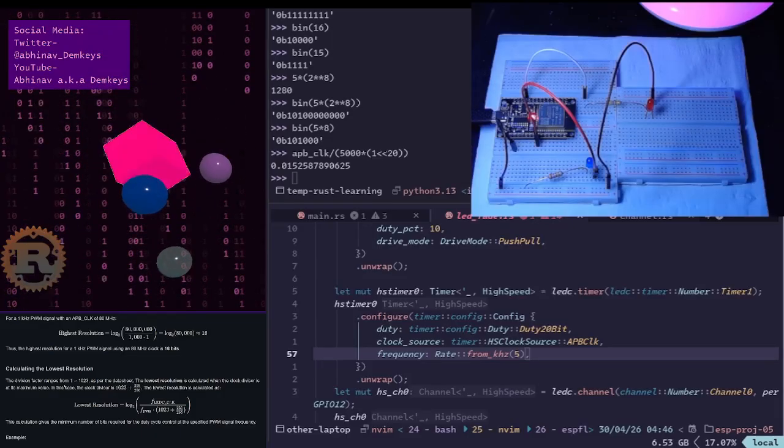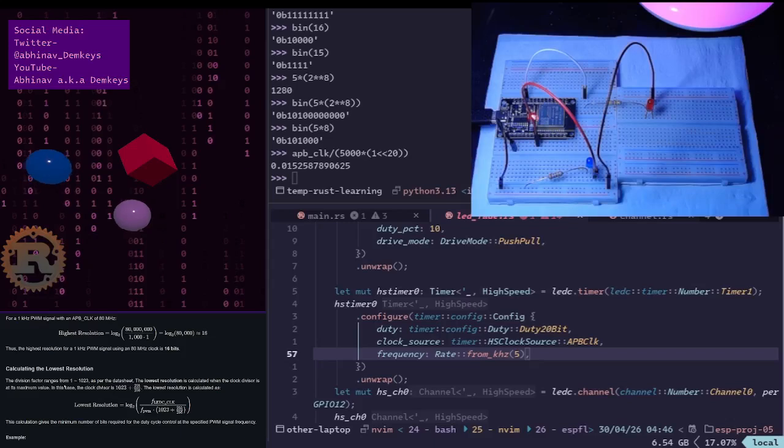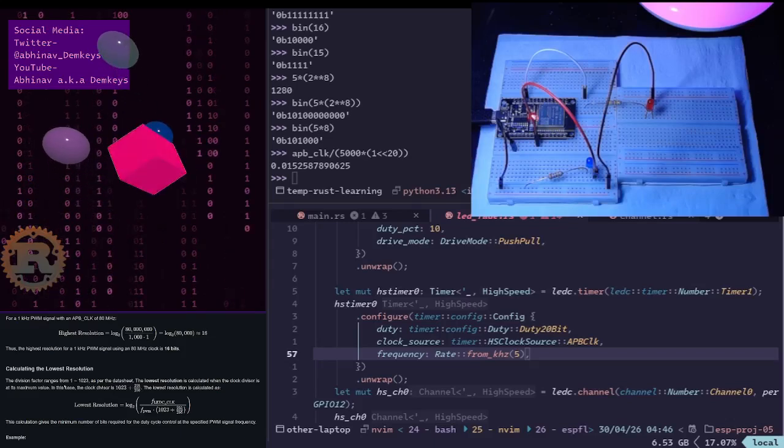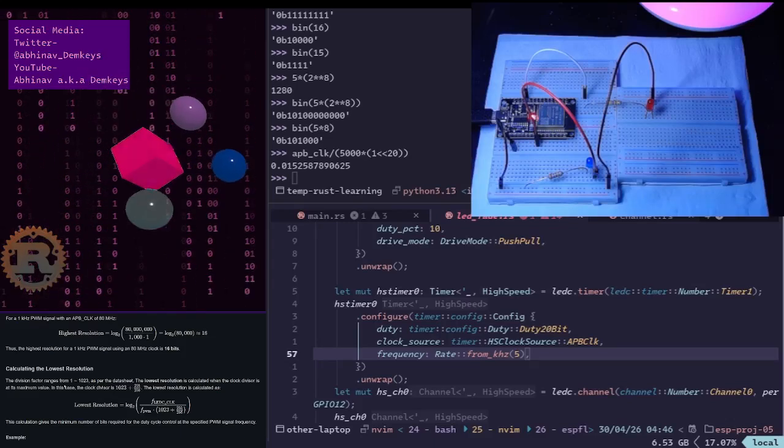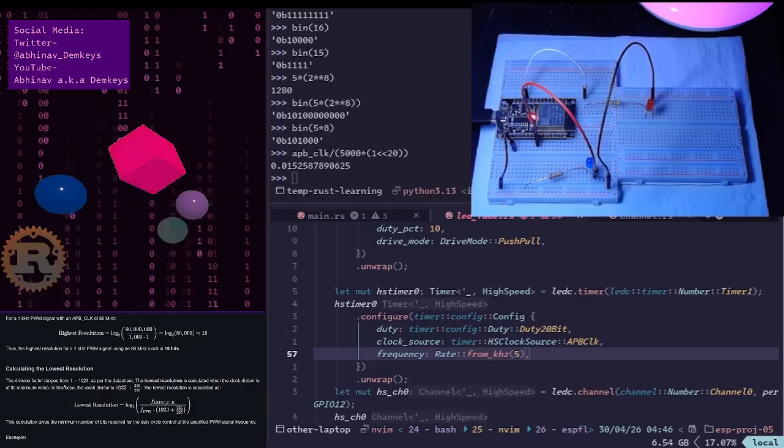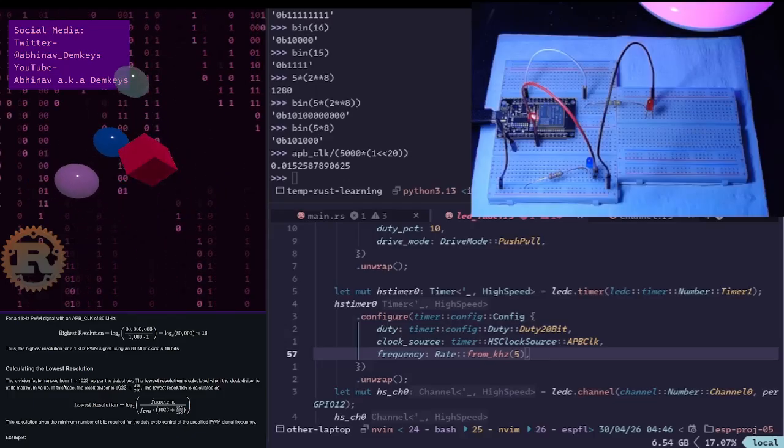Wait, wait. 20. How is this going to work? Is this going to work?